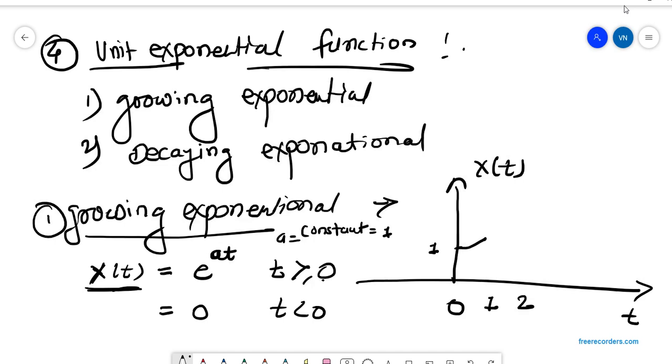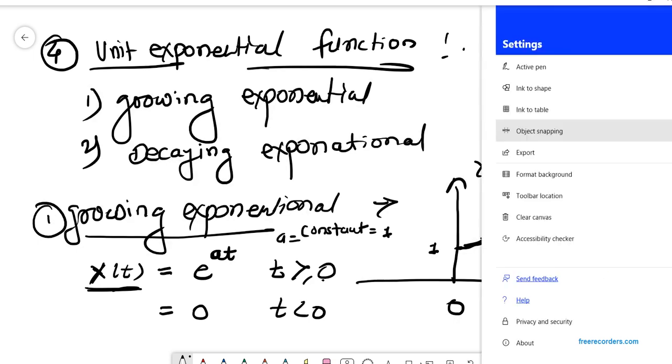If I put 2, again like this, so this signal will go like this. Okay, that means the signal is growing exponentially, so that's why it's called a growing exponential.